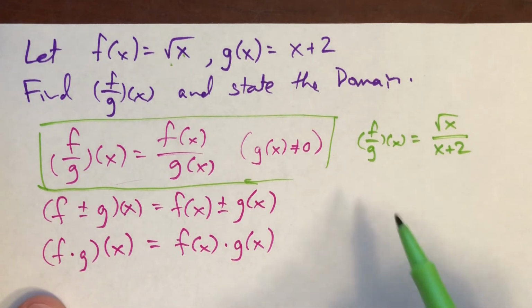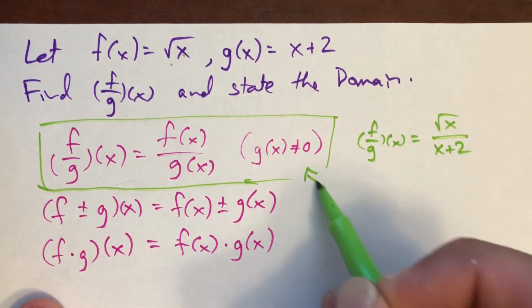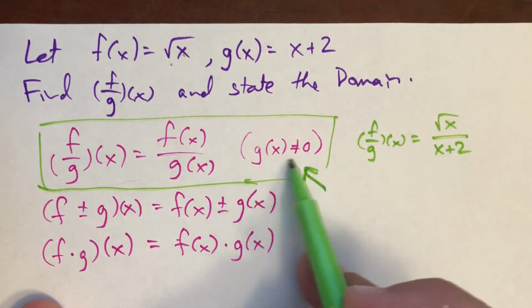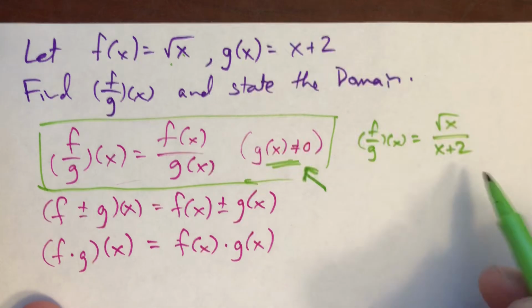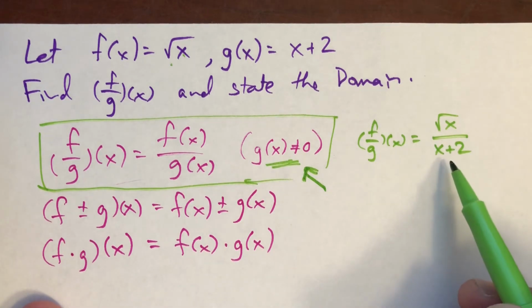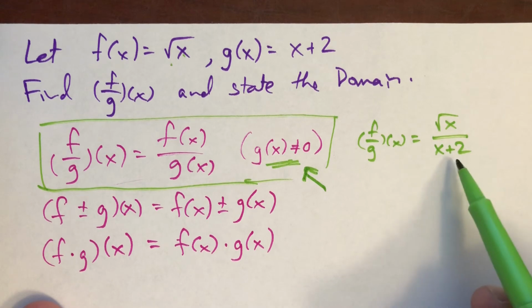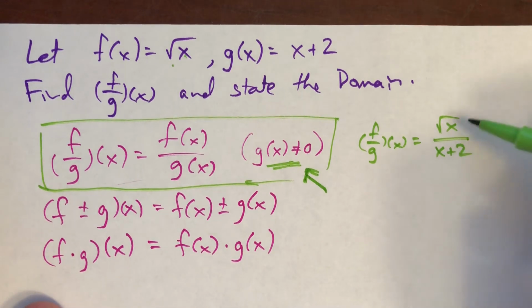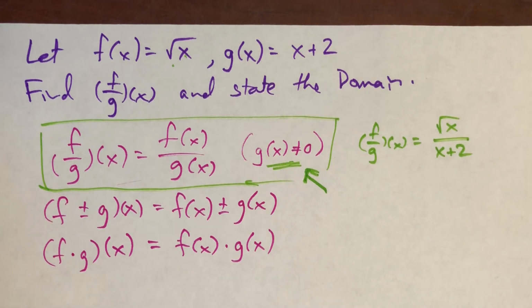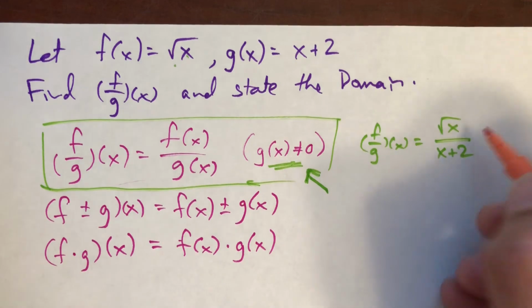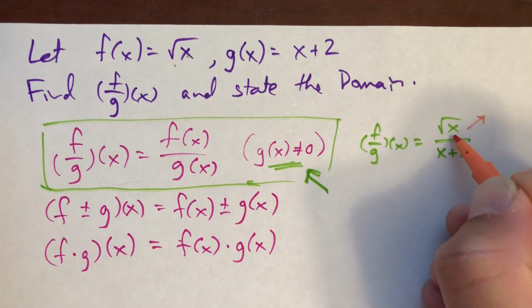So part of the hint here for domain is right there. We can't have the denominator be 0. We already knew that because it's a fraction. We can't divide by 0, so we have to worry about that. We also have to worry about the radical, though, because we can't have a negative in here.